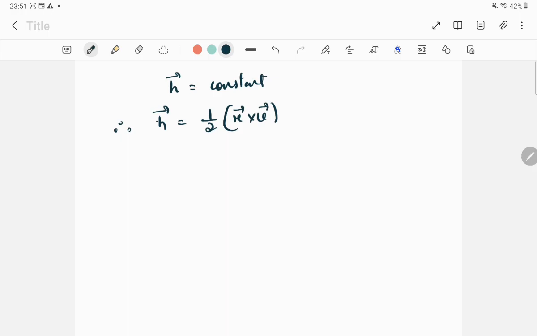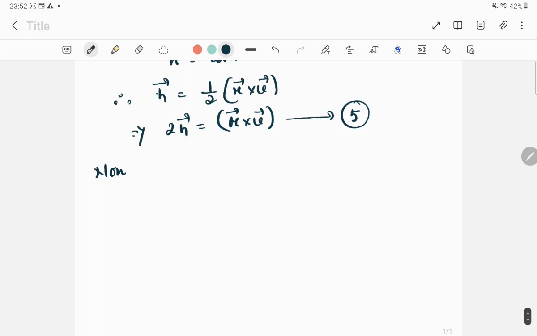That's what we obtained in the last derivation. So from this we write 2h vector equals r cross v. Be very careful about the vector statements. This is our equation number 5, if you remember from the last derivation.